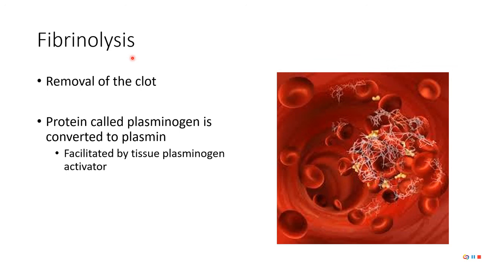Plasmin's job is to break down the fibrin of a clot. So plasminogen is just kind of there, not doing a whole lot, and comes into contact with tissue plasminogen activator. Now we've got plasmin. Plasmin breaks down the clot. Life goes back to normal. It's like nothing ever happened.